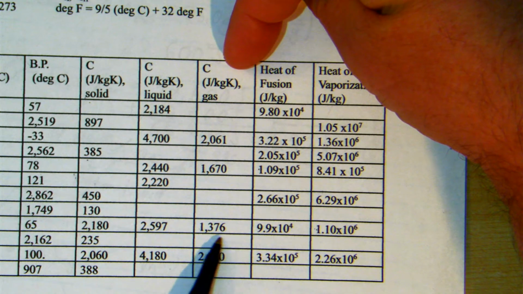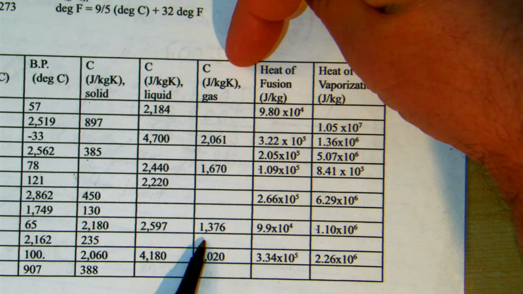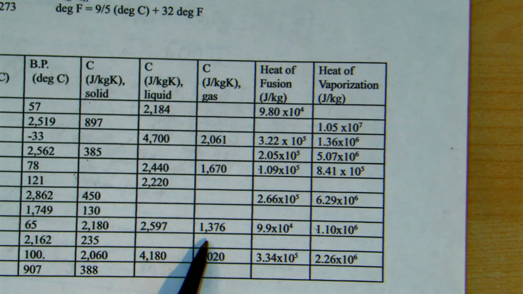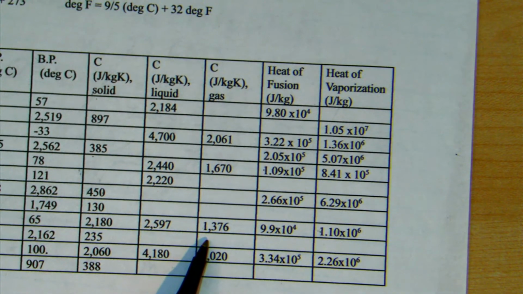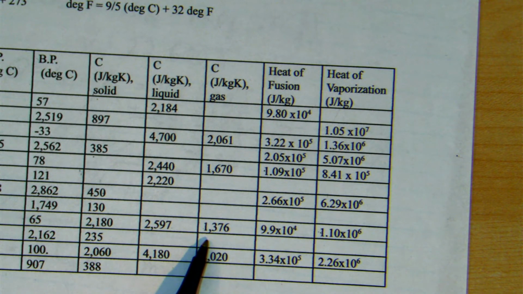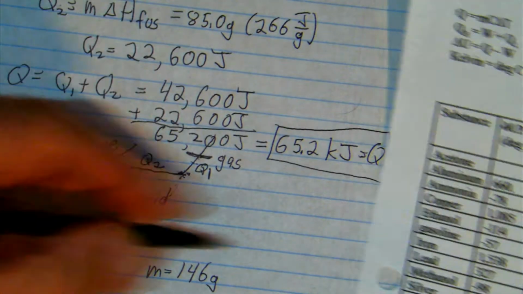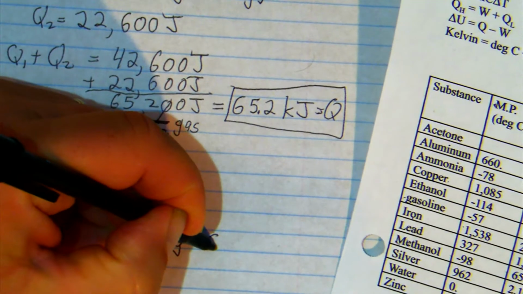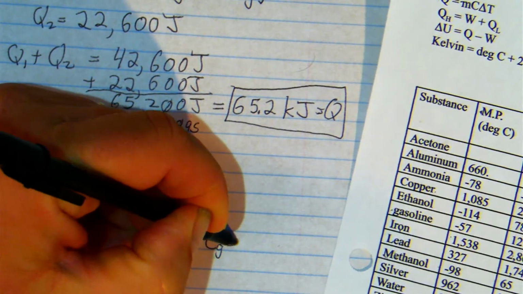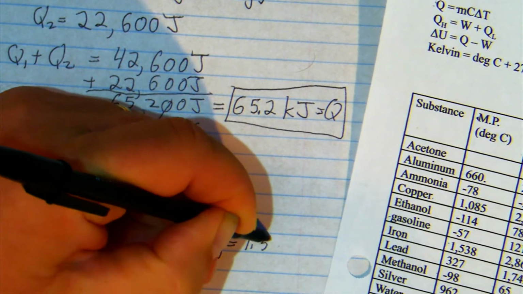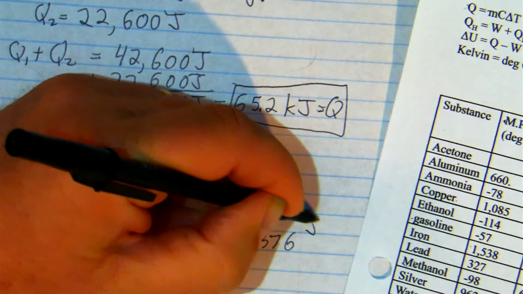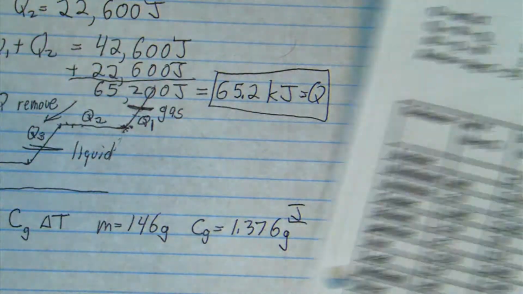So I'm going to divide this number displayed in the table by 1,000, replacing that comma with a decimal point, and saying the specific heat is 1.376 joules per gram.